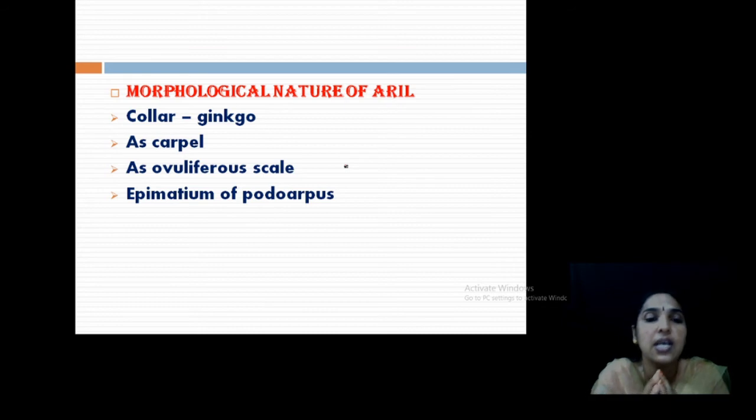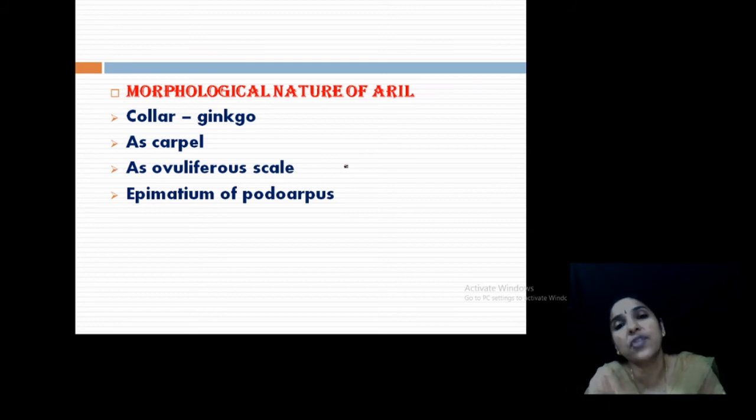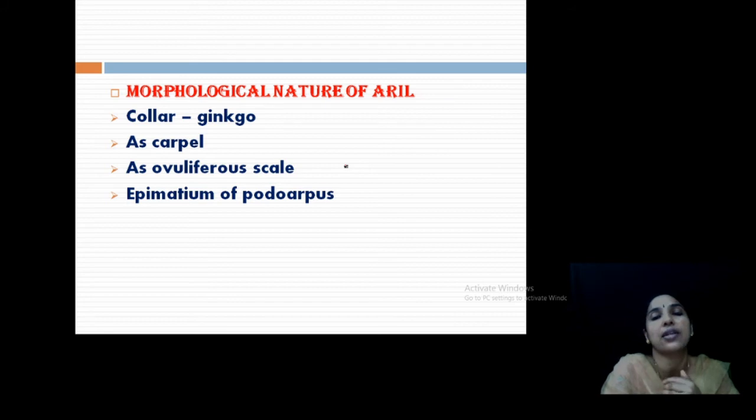Carpel, you know what it is? Carpel in angiosperms. Or you can compare it with an ovuliferous scale in conifers. These are some of the comparisons with others, that is the morphological nature of the aril. So while discussing the Taxales, you have to remember the term aril and its morphological similarity, and also how it is formed.